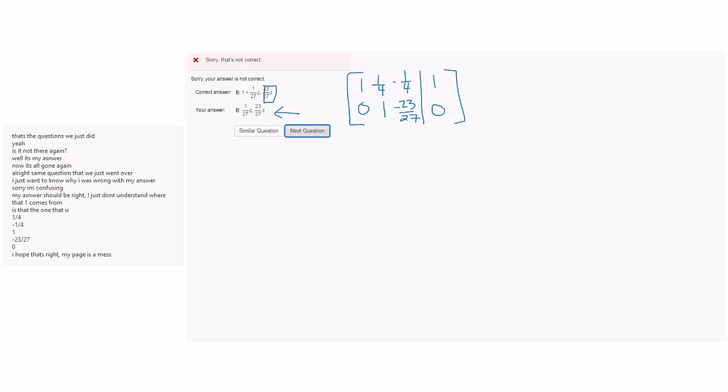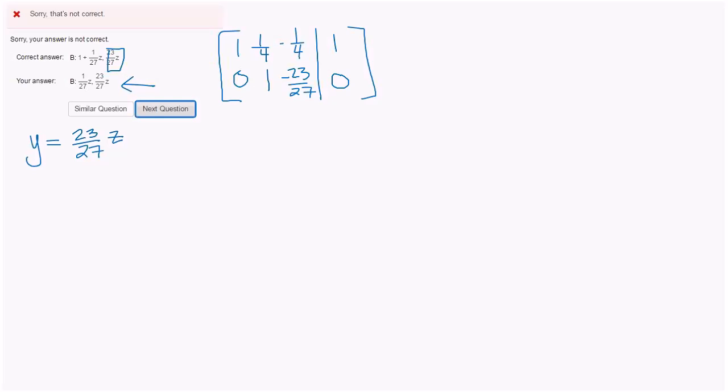So in the end, z is any real number, and then we found out that y is equal to 23 over 27z, and then we have 1x plus 1/4 y minus 1/4 z is equal to 1.